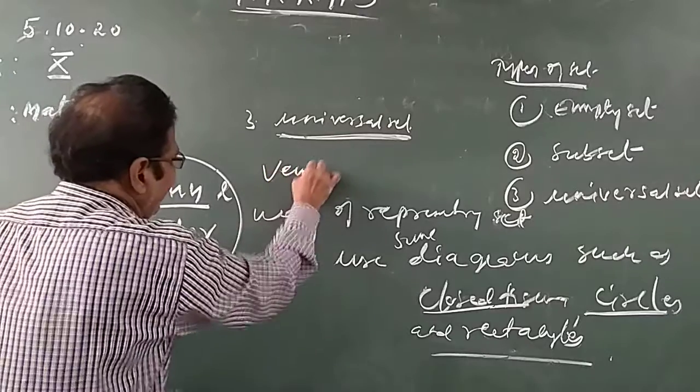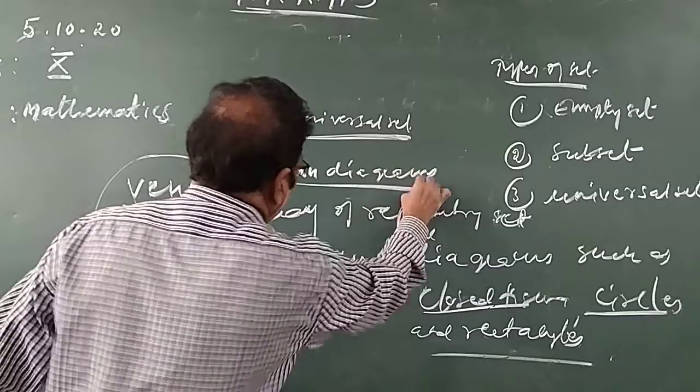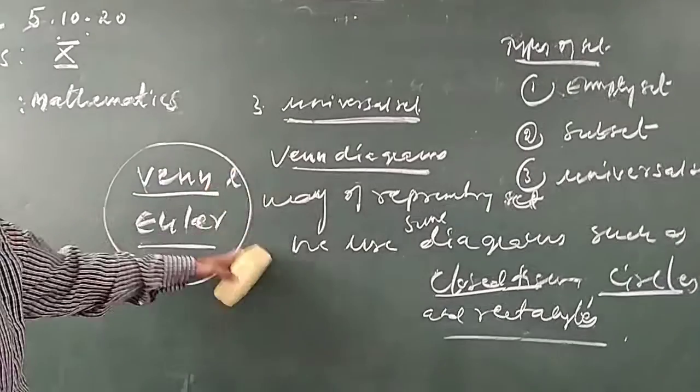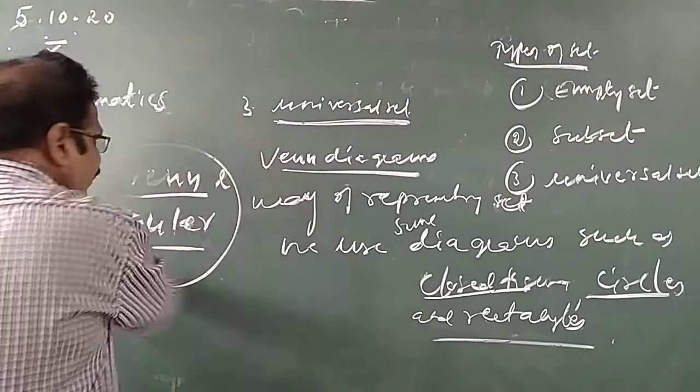Simply you can say Venn diagrams. Why do we call them Venn diagrams? Because the famous mathematician Venn used diagrams to represent a set. That is why we call them Venn diagrams.